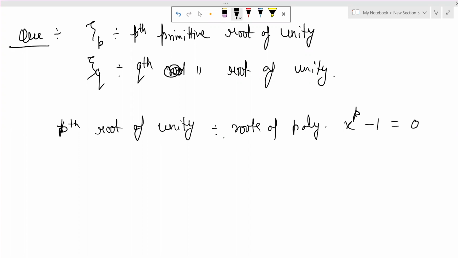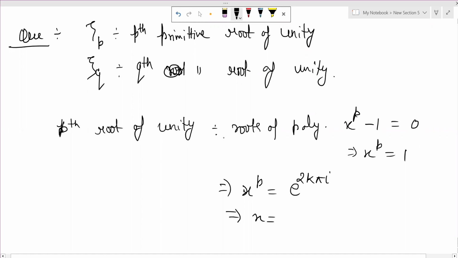Okay. So what are primitive roots? Basically, this means x to the power p is equal to 1. So x to the power p equals e to the power 2k pi i, which means x equals e to the power 2k pi i by p, where k is 0, 1, 2 up to p minus 1.